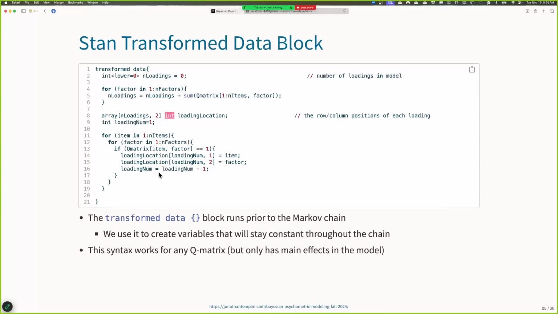And here, I'm literally just telling it which row and column each associated loading will have to go into. So I'm going to use this loading location in a different block of Stan code to go and take my vector of estimated lambdas and put them into my lambda matrix. Okay?